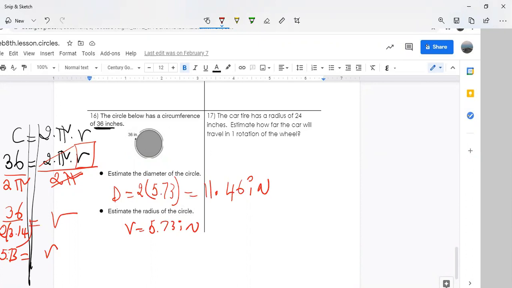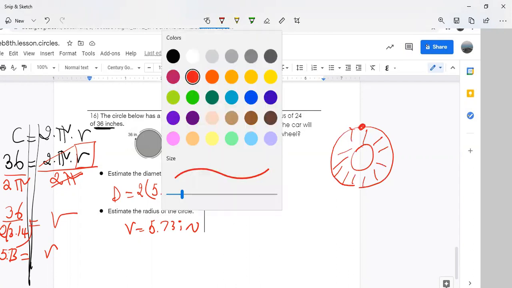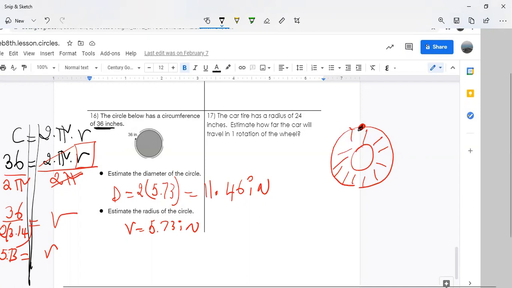All right, let's do the same thing for 17. The car tire has a radius of 24 inches. Estimate how far the car will travel in one rotation. So here you have to imagine that you have a tire, right? And the tire is going to make one rotation. So imagine it's like going around the tire once. If it makes one rotation, it means it's going to turn once.